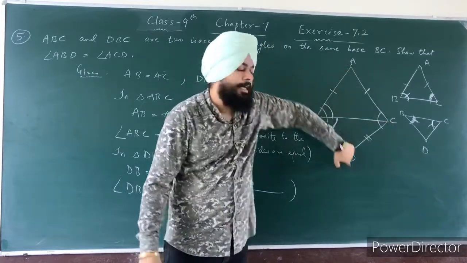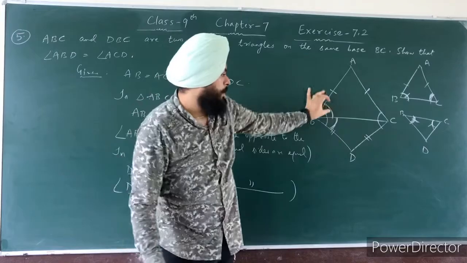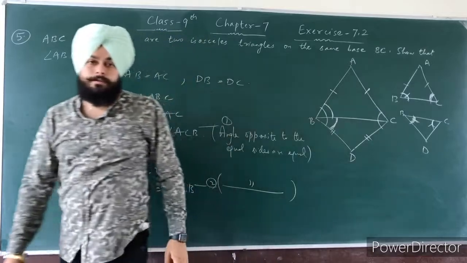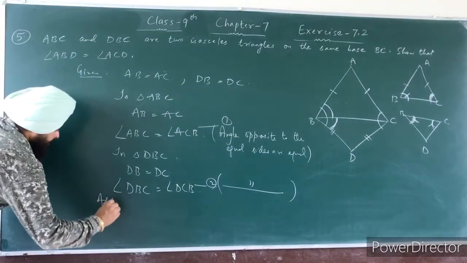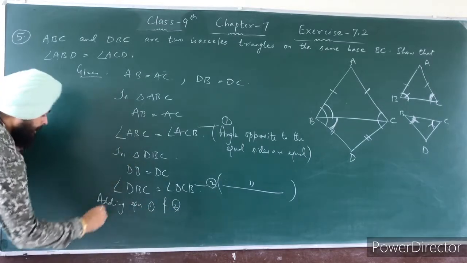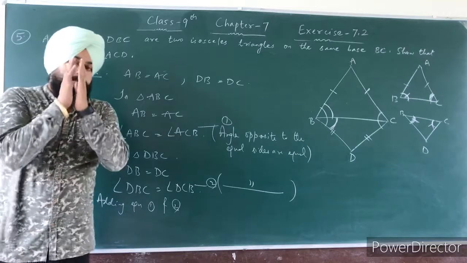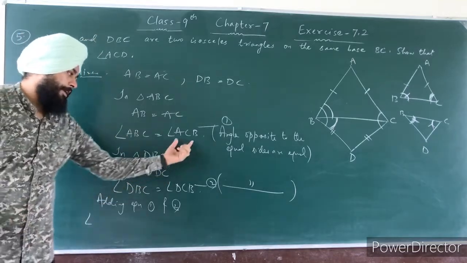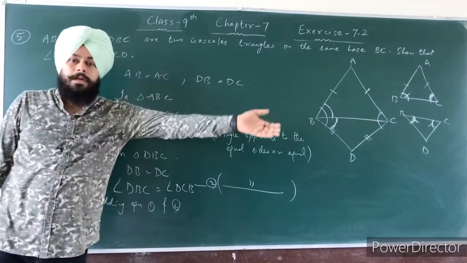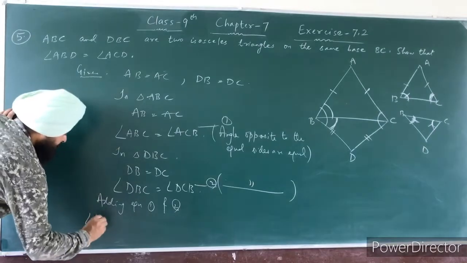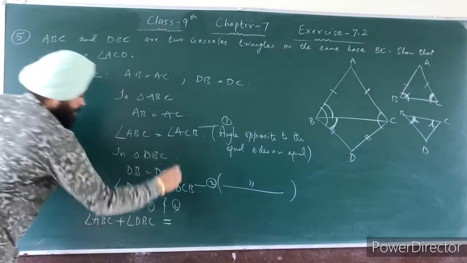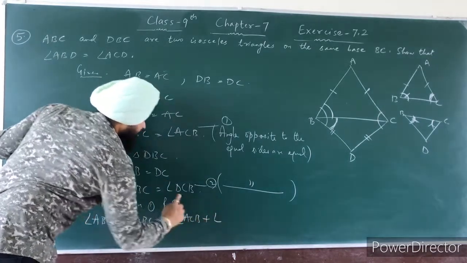The complete angle ABD will come. If you add both angles, we get angle ABD. So write, adding equations 1 and 2. Whatever you add, left hand side with left hand side and right hand side with right hand side. Left hand side you add separately, right hand side you add separately. So angle ABC plus angle DBC is equal to angle ACB plus angle DCB.